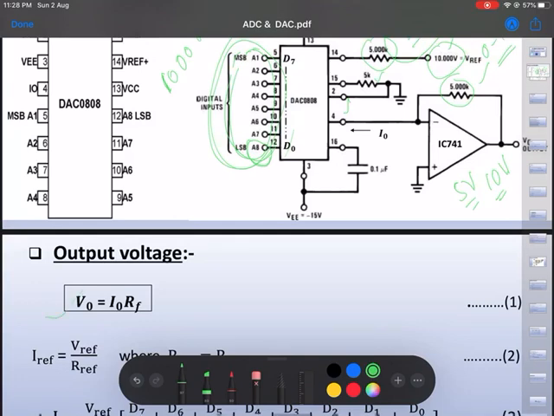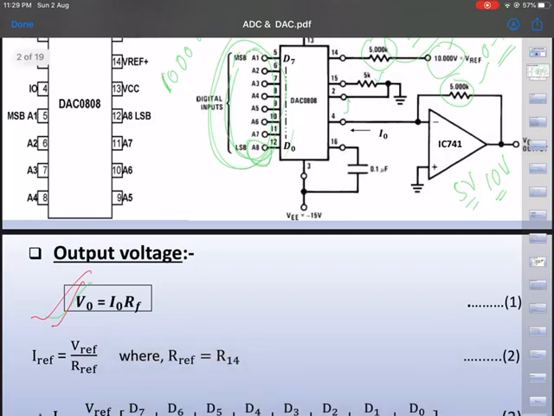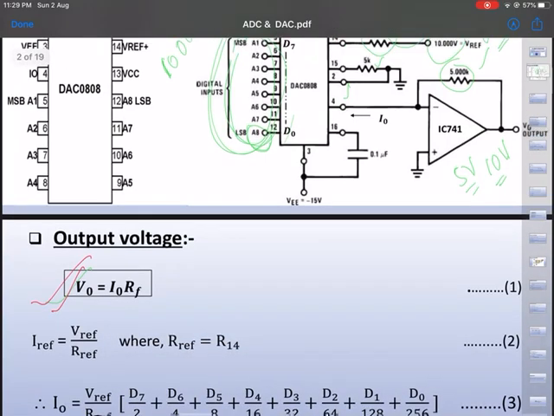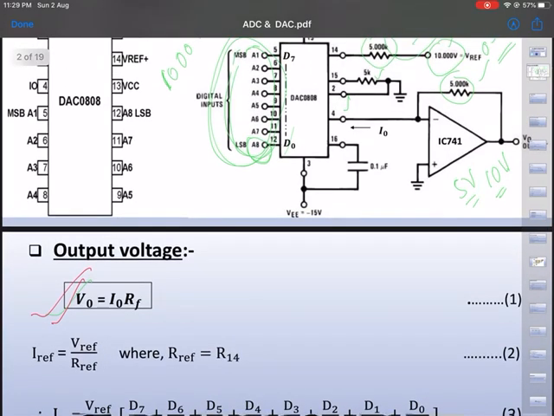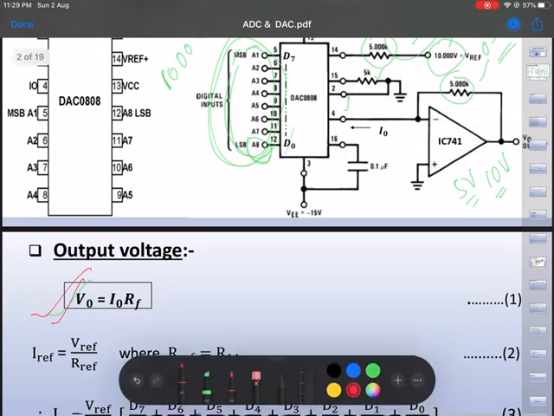The voltage across the op-amp is nothing but V0 equals I0 into RF. Now if you further see the expressions here, as we have discussed, you can clearly see the I reference, the current entering here at pin number 14, is V reference upon R reference.